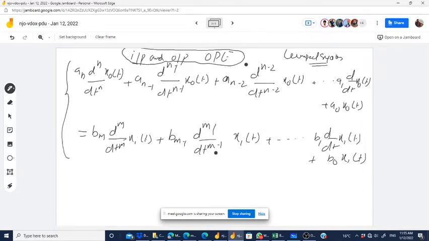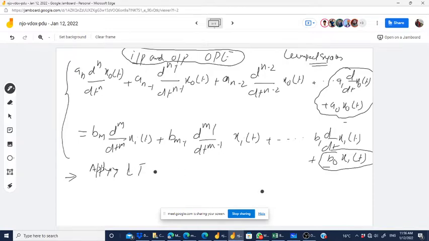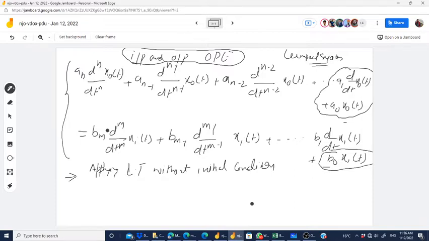As you saw in the mass damper problem, the first order differential equation came from here to here, and it was equal to something, a constant term. Yes or no? Yes, sir. So now I am trying to take the Laplace transform, applying the Laplace transform without, the important thing is, initial condition. Without initial condition, right? What does it mean?